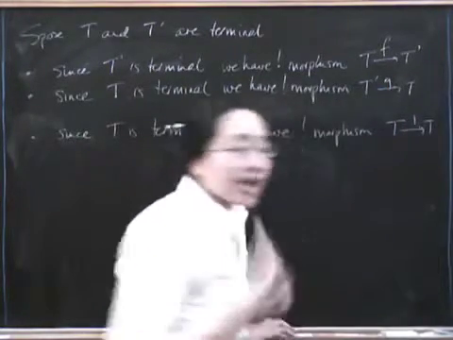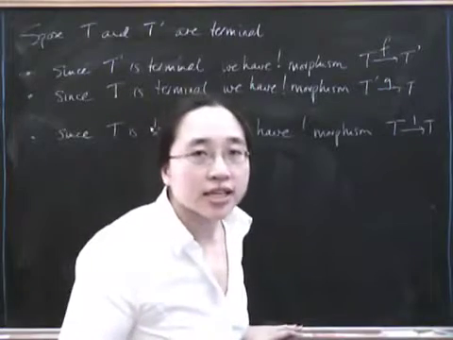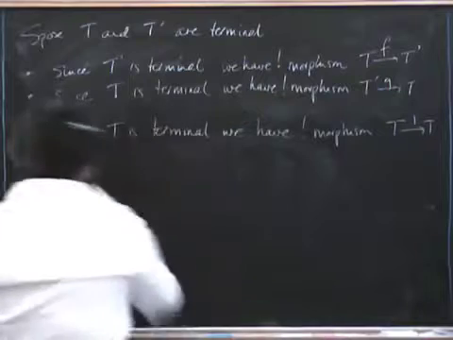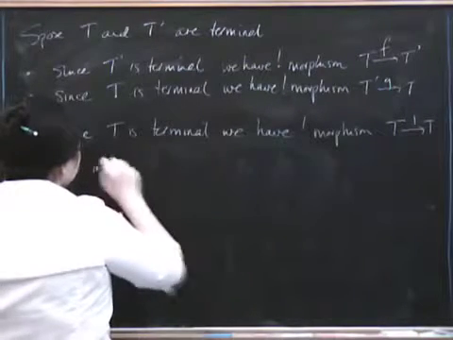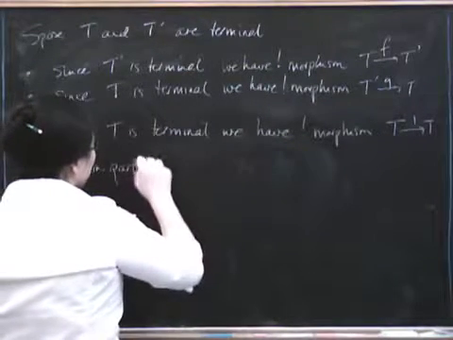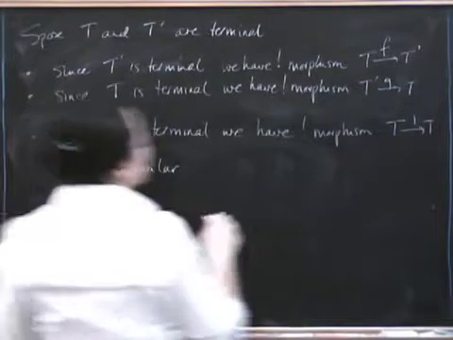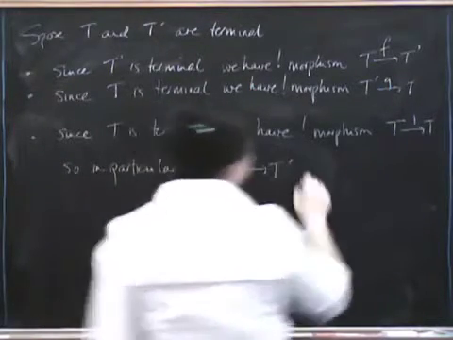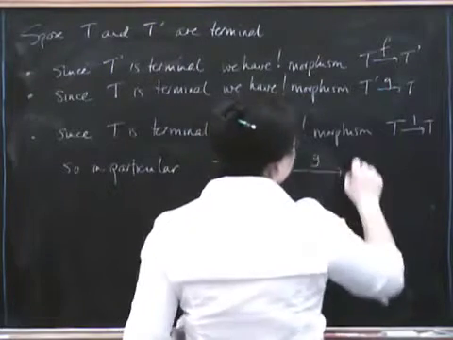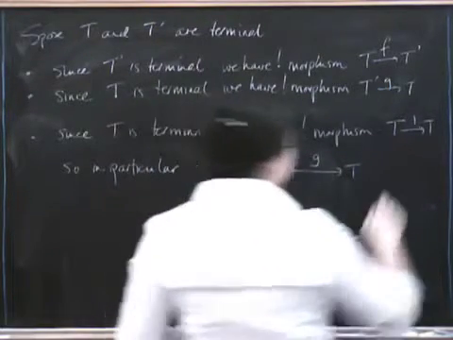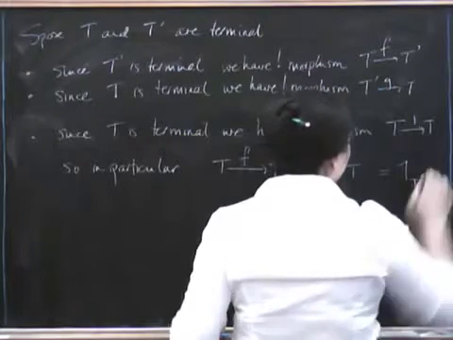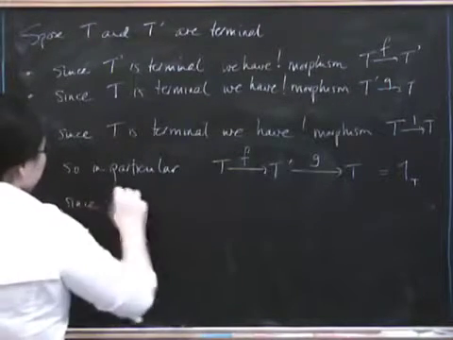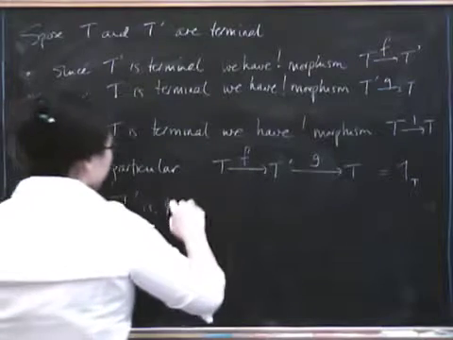Which means that any other morphism from T to T has to be the identity. So in particular, the composite, start at T, go to T prime, and then go back to T, has to be the identity on T.